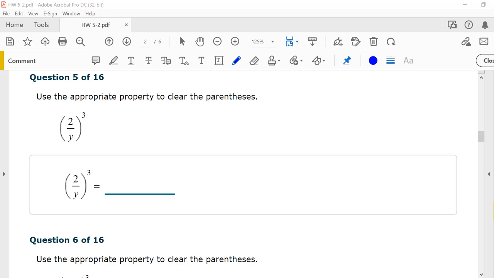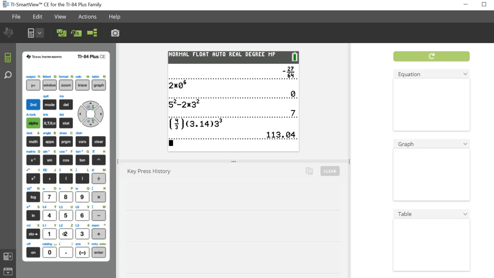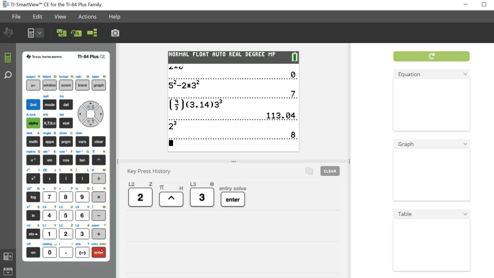Question 5. 2 divided by y, quantity cubed. All right, here we go. That's going to be 2 cubed over y cubed. Okay, what is 2 cubed? 2 times 2 is 4 times 2 is 8. If you want to do that on your calculator, 2 cubed is 8.